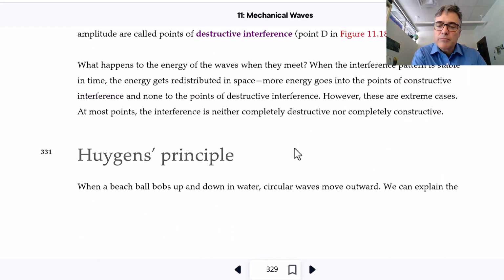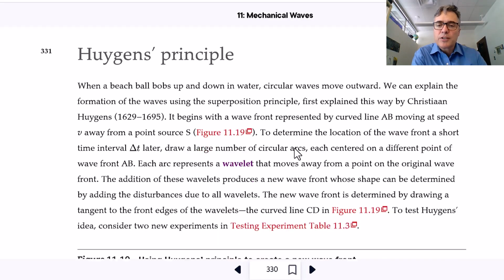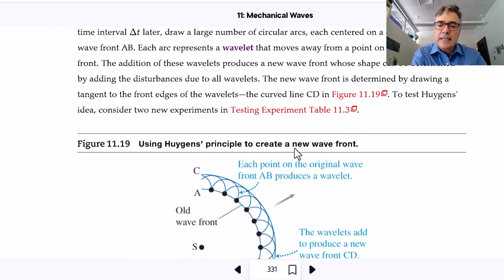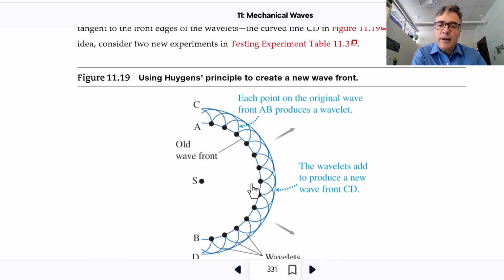There's that superposition principle. And then they talk about Huygens principle, which is the idea here is that when we have a source and the wave travels outwards, and there's a crest of the wave, for example, out here at some distance r or something, this line AB, what you can model the wave as is each point on the original wave produces a little wavelet.